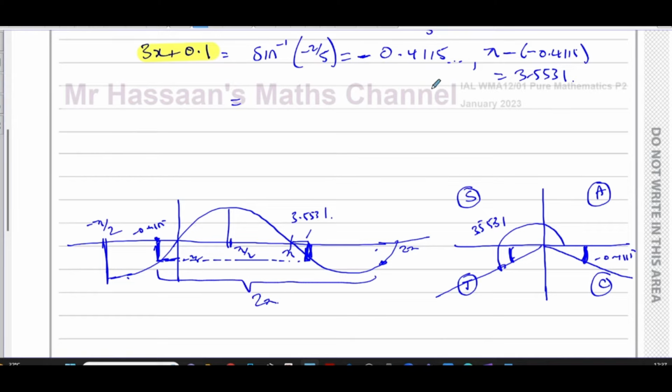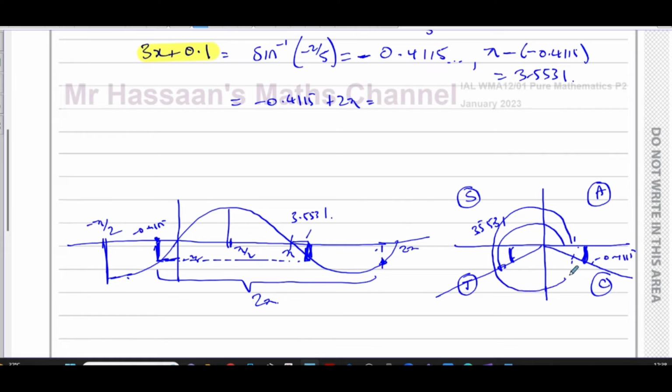So if I take minus 0.4115 and I add 2 pi to this, that's going to give me the next place where the curve has that value of minus 2/5. It's like going all the way around from here. After 2 pi, it's going to get this value again.